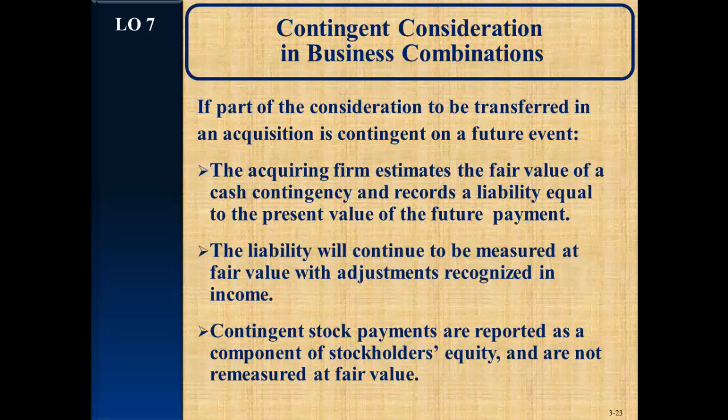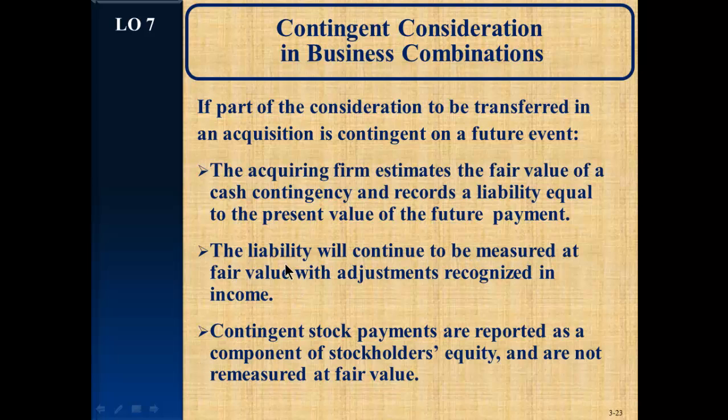Maybe as a buyer of the subsidiary, you're not 100% confident that it's going to achieve certain measurement goals and performance goals, so you don't want to give up everything right now. You're going to hold back a little bit and make that contingent upon the achievement of certain events. So you have to place a probability on that happening, say it's a 70% probability, and then you assign a value to it, and carry that liability, and it continues to be measured at its fair value.